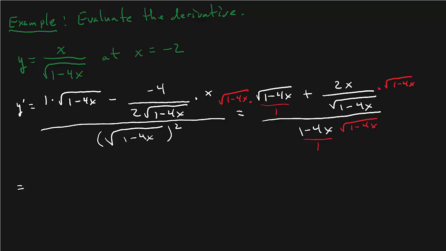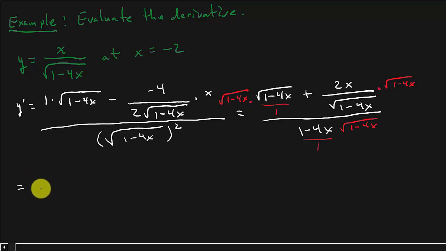Multiply each term by the common denominator. And so this is going to give me 1 minus 4x. Multiply 2 square roots. They got the same thing underneath the square root, so you get what's underneath the square root. And then look at this. See how nice that is? That just cancels out. And we're left with plus 2x over.